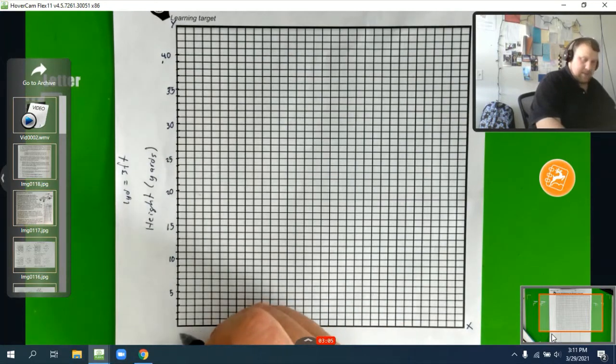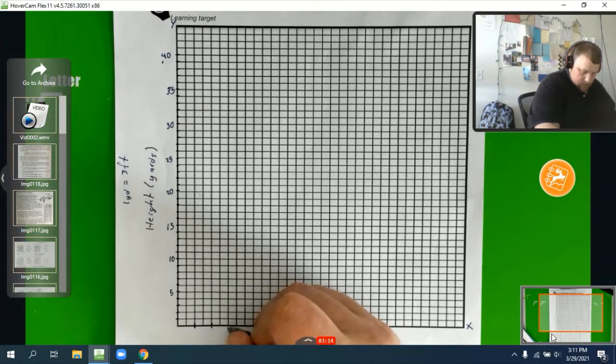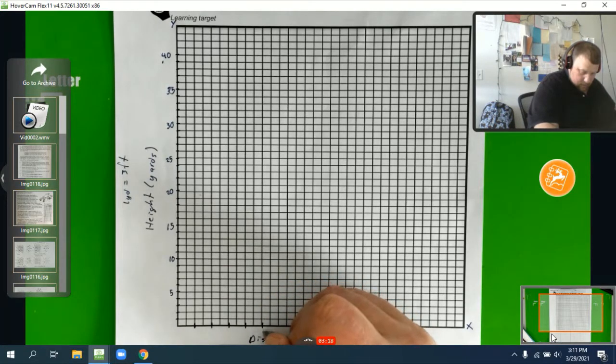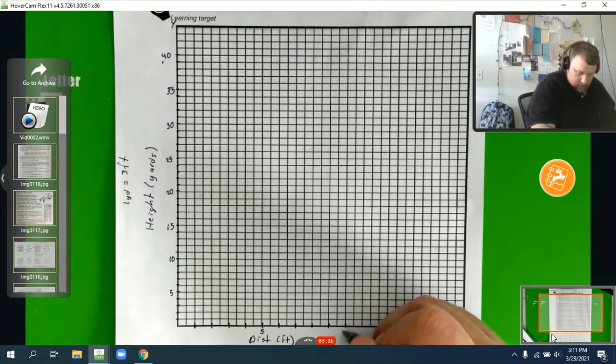And then in feet, since I have the extra room, guys, I'm only going to do every 2 is 1. So I'm going to have 1, 2, 3, 4, 5, 6, 7, 8, 9, 10.